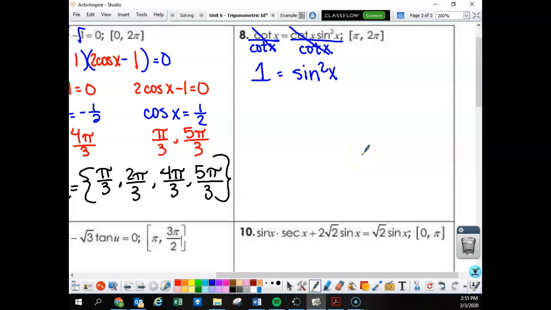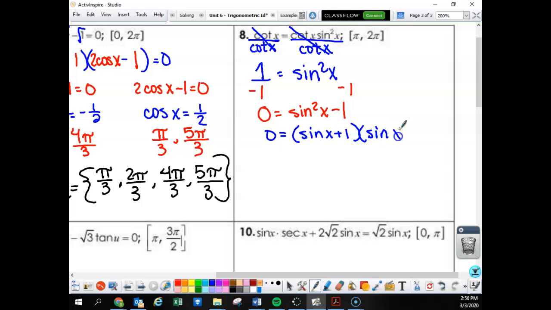All right. So here, I can subtract 1 from both sides. So I can get 0 equals sine squared x minus 1. And then you take the difference of squares. So this will turn into sine x plus 1 and sine x minus 1.